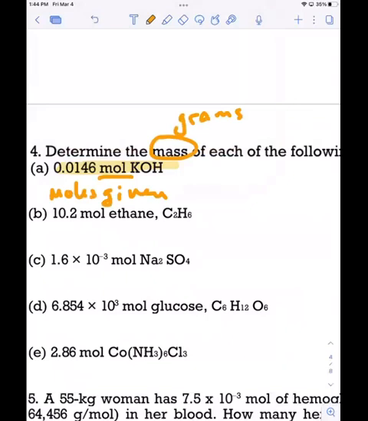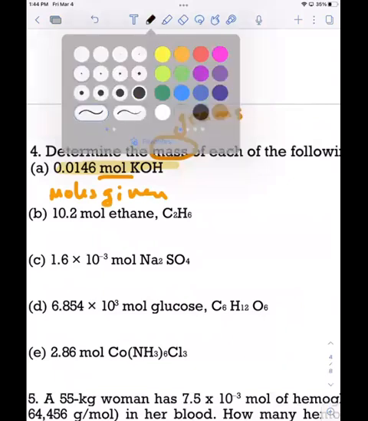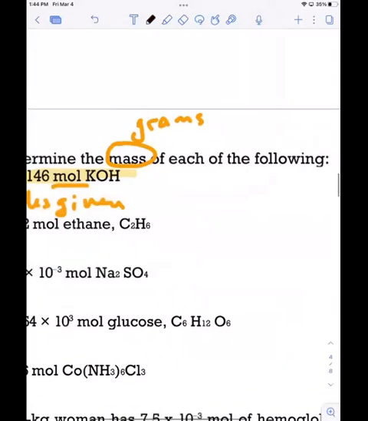All right, how do we do that? What's the relationship between grams and moles that we know and can always apply? Grams over molar mass equals moles. Is that right?